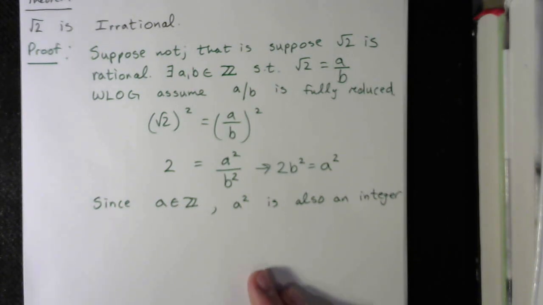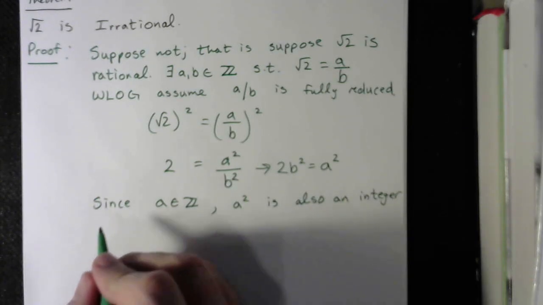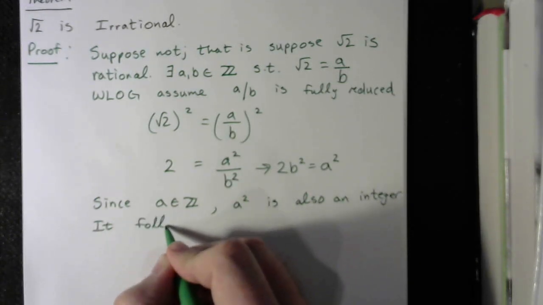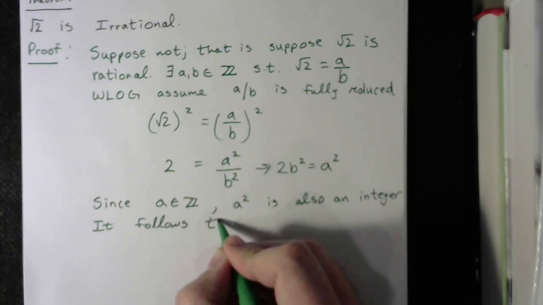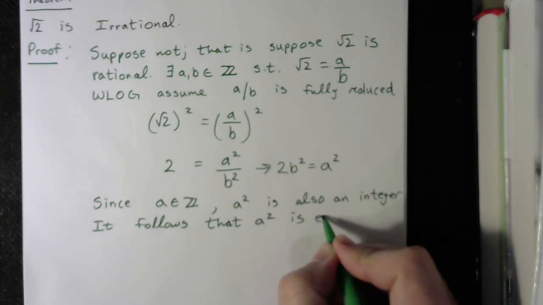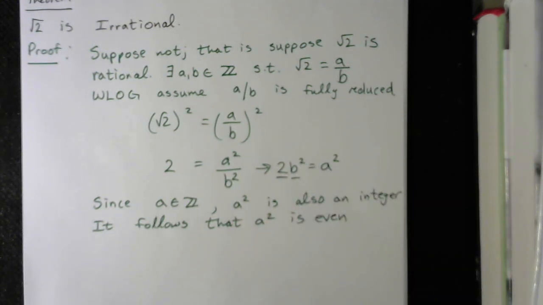So we have then, since b squared is an integer, it follows that a squared is even, right? Because that's our definition of even, 2 times an integer.